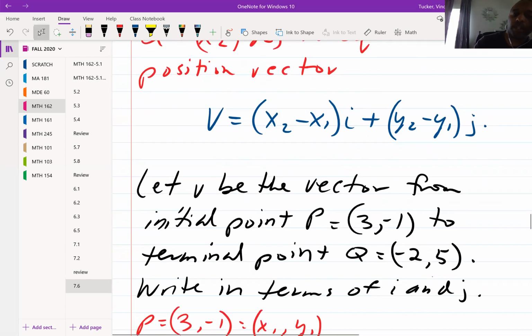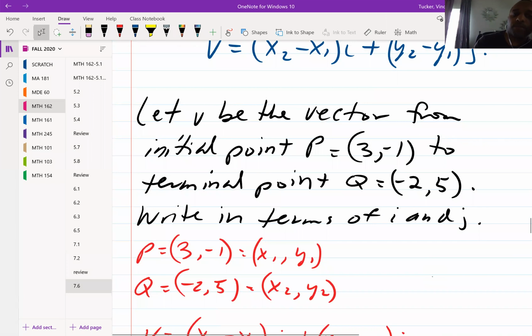All right, let's try that out. Let v be the vector from initial point P, 3, -1, to terminal point Q, -2, 5. We want to write it in terms of i and j. So if our initial point is 3, -1, that's going to be x1, y1. The terminal point is -2, 5, that will be x2, y2.